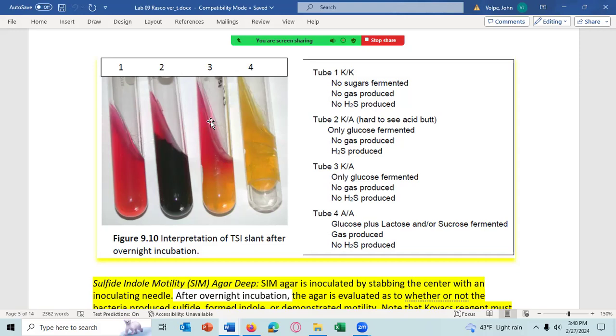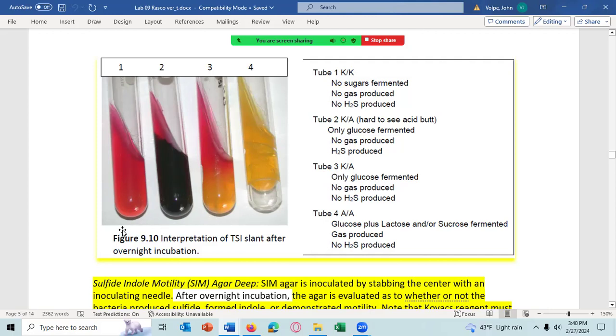That's a base, and that will revert the color from yellow back to reddish or pinkish. And so this tube is abbreviated K, or negative over A. Only glucose is fermented, no gas is being produced, no hydrogen sulfide is being produced. Any questions about any of that?